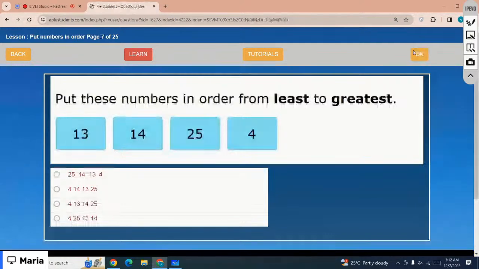Okay, the next one is put these numbers in order from least to greatest. So, which is the correct option?